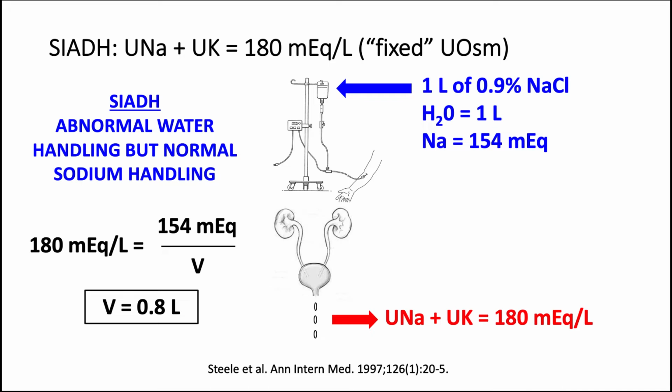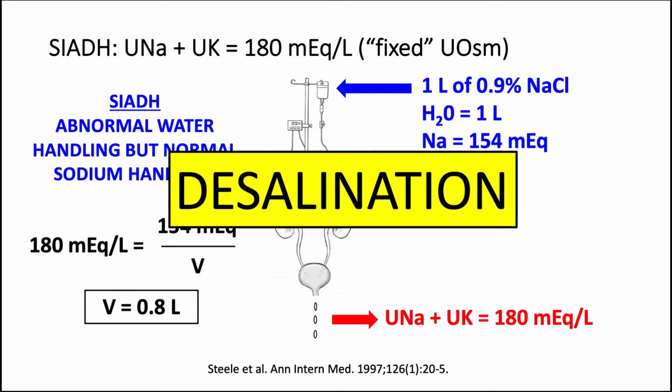What happens to the other 0.2 liters or 200 cc's? The patient retains it. And that's why normal saline makes the hyponatremia worse, because you will retain a certain amount of the volume of water in the saline that you're giving the patient. This phenomenon was described back in the 90s and is called desalination. So when you give normal saline to somebody with SIADH, you are desalinating them. You are making the hyponatremia worse.